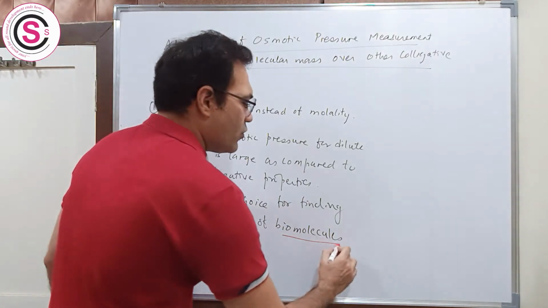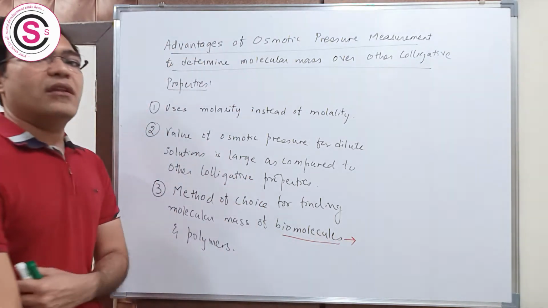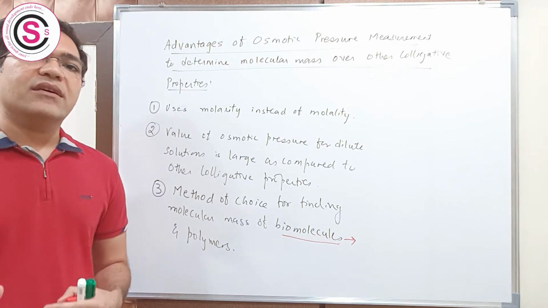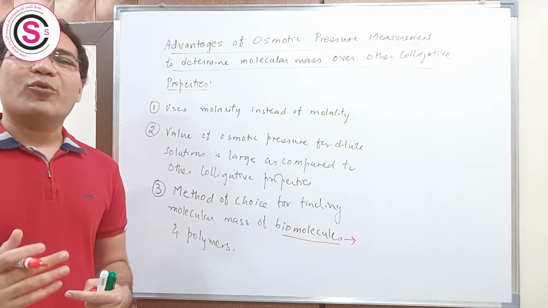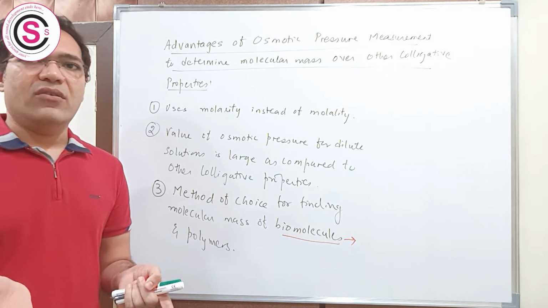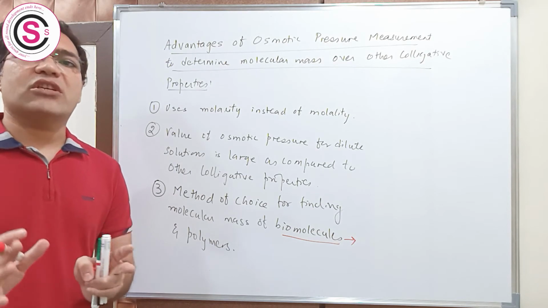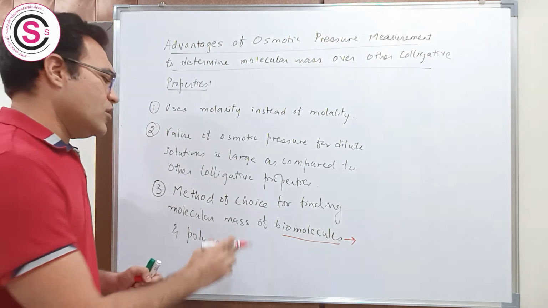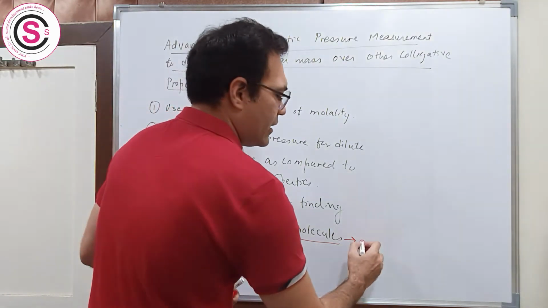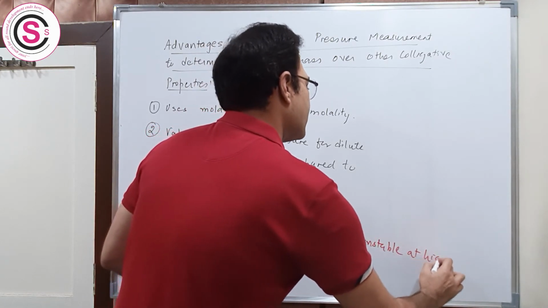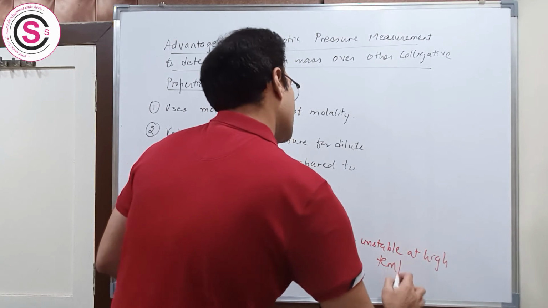Now, as we know, suppose if I take the example of protein, so as you know that protein is highly unstable at higher temperature, right? Or protein gets denatured. What is denaturation? Denaturation is the deformation of the structure of protein at higher temperature. So what will happen here is that because these biomolecules are unstable at high temperature, correct?